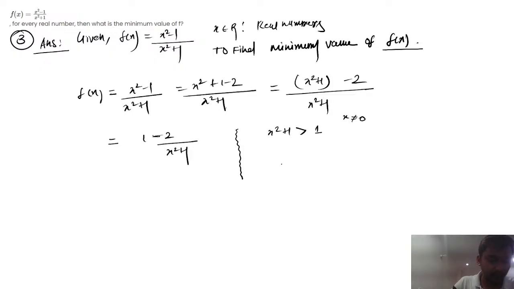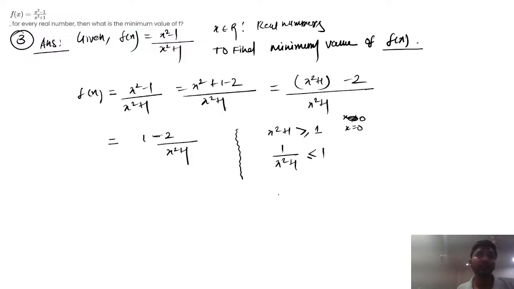Now, coming here. How can we say 1 by x square plus 1 is less than 1? If we include x equal to 0, then this can be written like this.